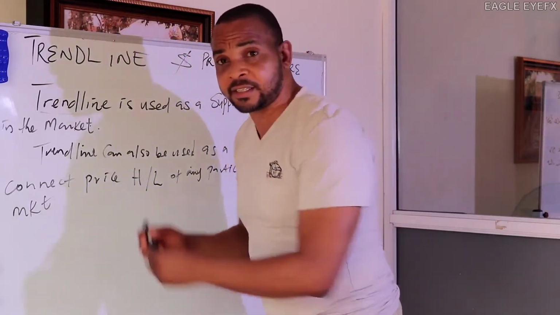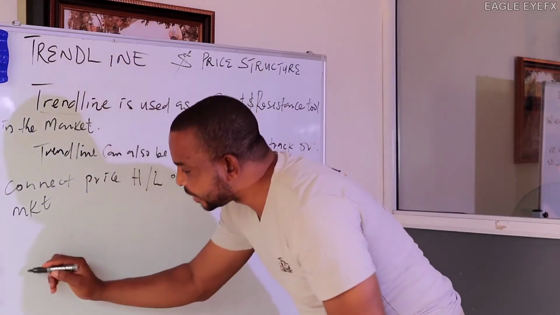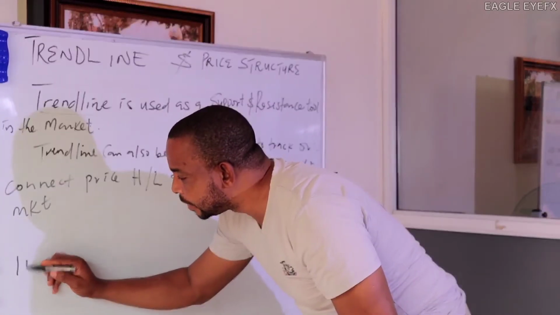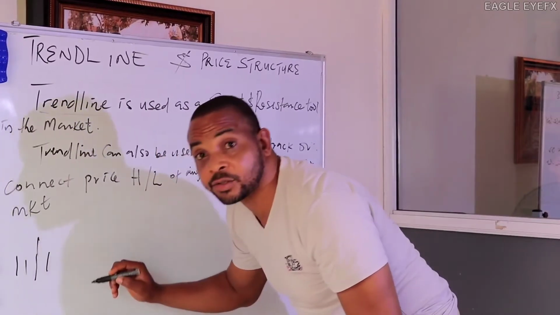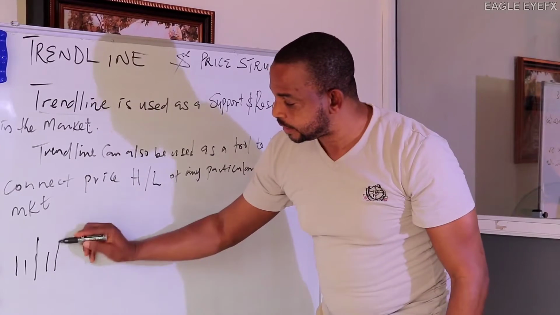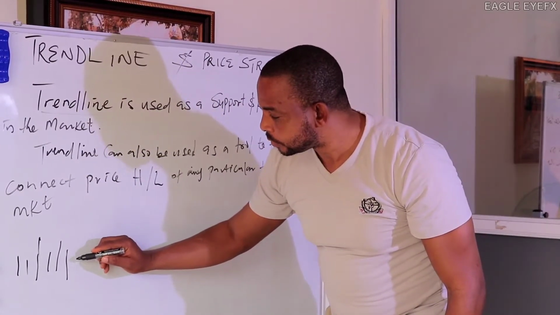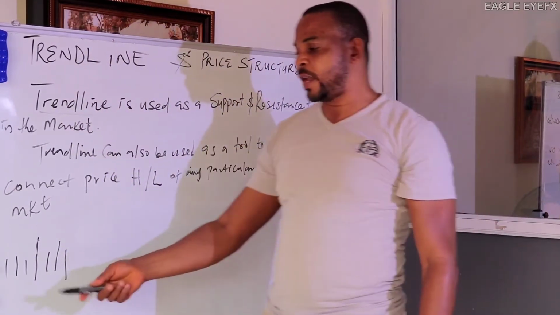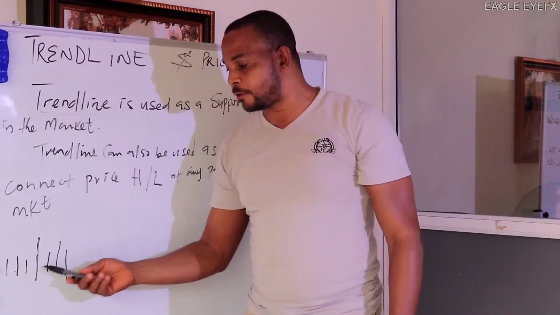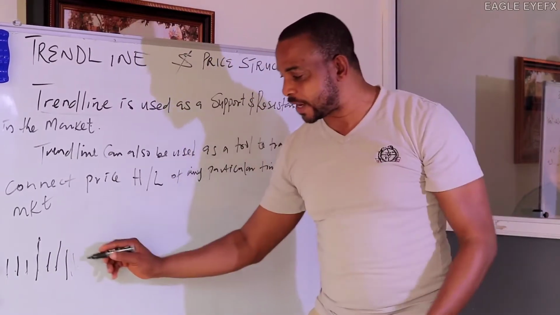What I'm saying is this is the visual example of it. Let's say here is the price. This is a candle, this is another candle, this is a candle, this is another candle. Can you guys see? This is another candle, this is another candle. Like that. Let's even say there's another candle here. So we have about 1, 2, 3, 4, 5, 6 candles. It can also be 7 or whatever, it doesn't matter.